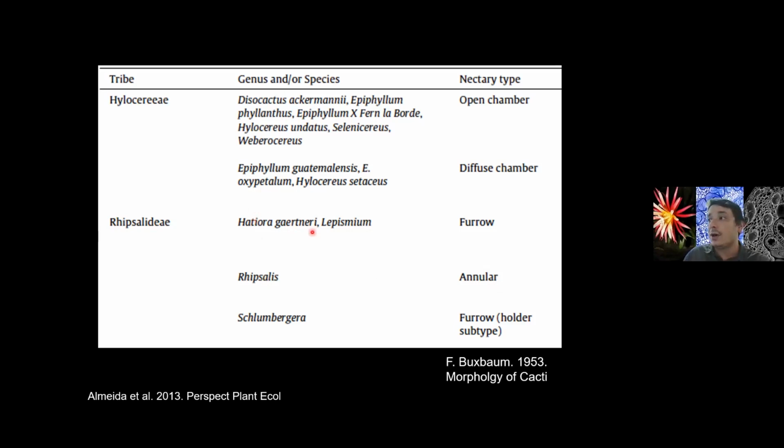But Achiora, Lepismium and Schlumbergera have a different kind of nectary because they have a floral tube, somewhat different from the Hypsalid flowers. And some species of Schlumbergera, not all, have that roof, which he called a subtype, like a nectar holder.